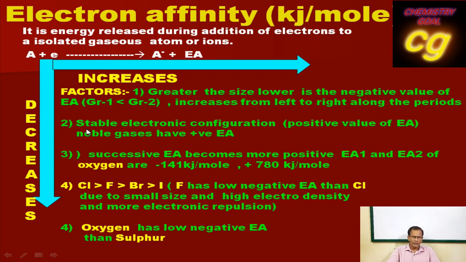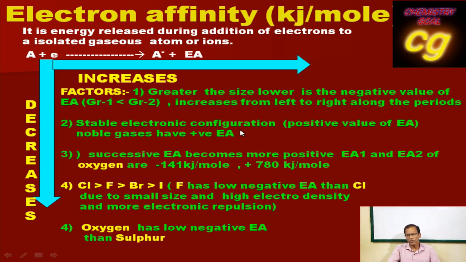Then the second factor is stable electron configuration. If an atom has a stable electron configuration, then the electron affinity is less because it has less tendency to accept an electron. To add an electron to a stable atom, we require some extra energy. That's why for a stable atom, the electron affinity is always a positive sign. You should note this point.